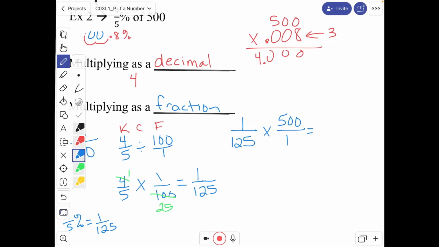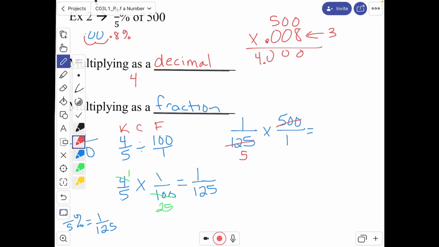Now we can simplify 125 and 500. They can both be divided by 5. They can also both be divided by 25, so let's go with that one. 125 divided by 25 would be 5.